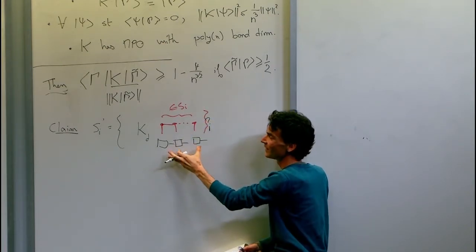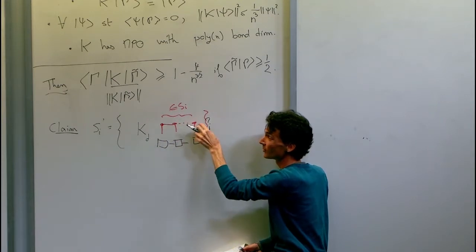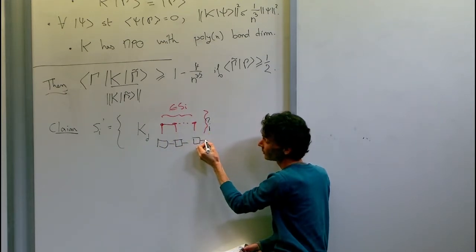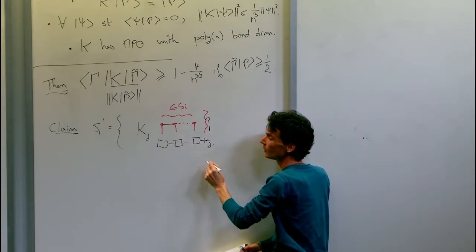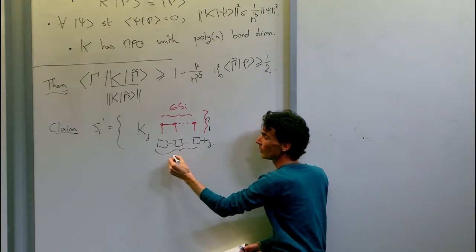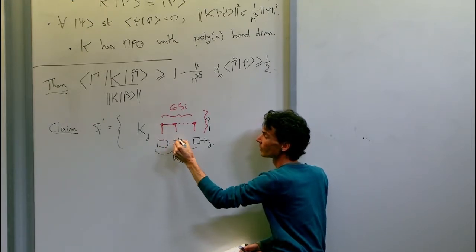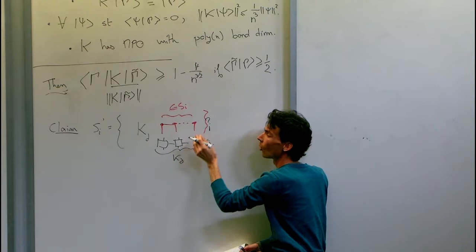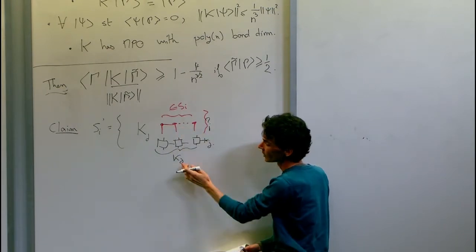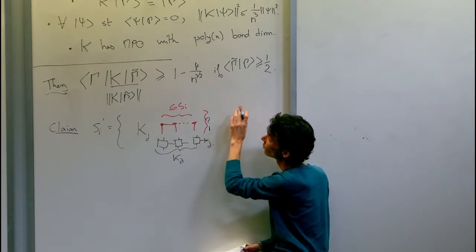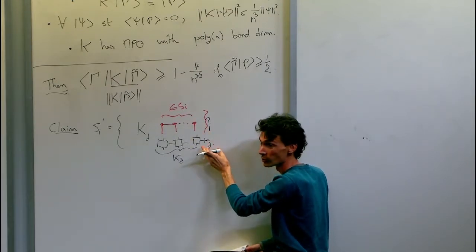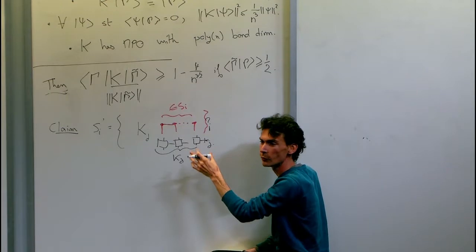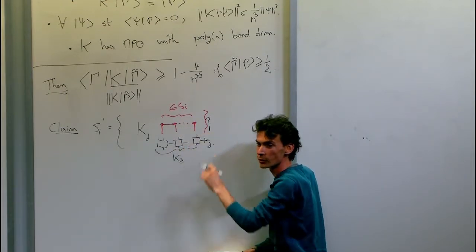The way to apply such an MPO to a vector that stops here is simply to cut the MPO, look at the different values that this bond can take, and that's my index j. So this here is kj, which only acts on the left half of my chain. I have as many kj's as the bond dimension of the original MPO.